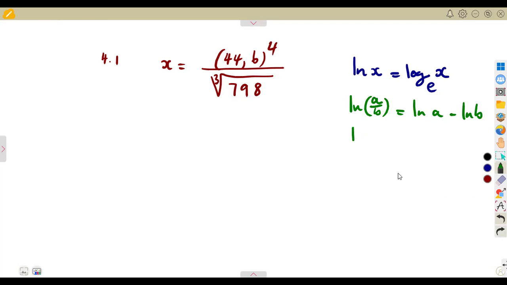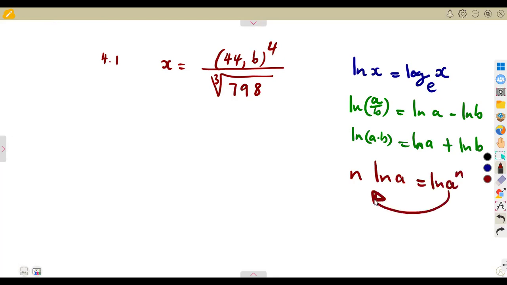If you were multiplying the numbers a and b, it was taken from the addition of the ln of a to the ln of b. If there is a number n multiplying the log of a, it was taken as the ln of a to the exponent of n. So you can have it in reverse: the ln of a to the exponent of n is the same as n times the ln of a.